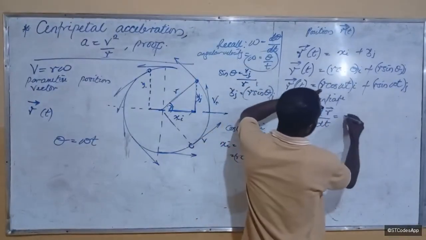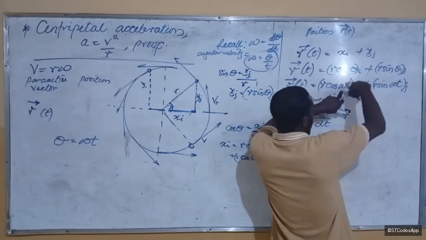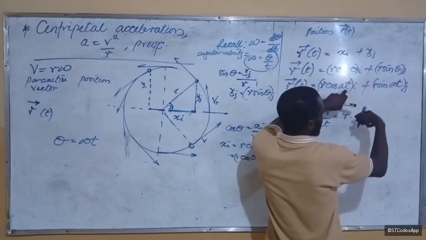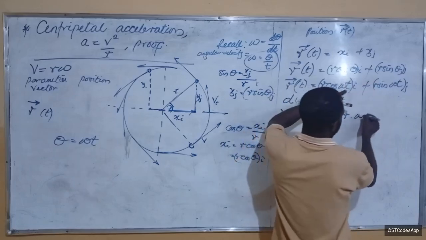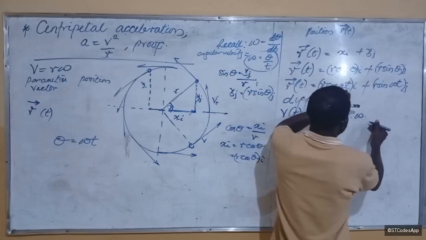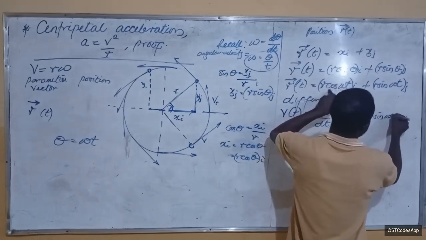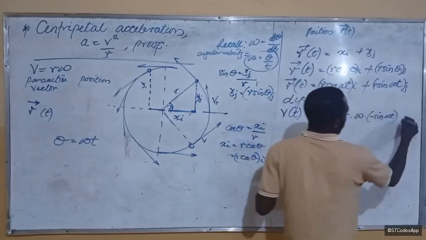So differentiate this, you get r times, differentiate the inner function, d omega t gives you omega, dot cos, differentiate cos omega t. The derivative of cos is minus sine, so you have minus sine omega t. Is it clear?